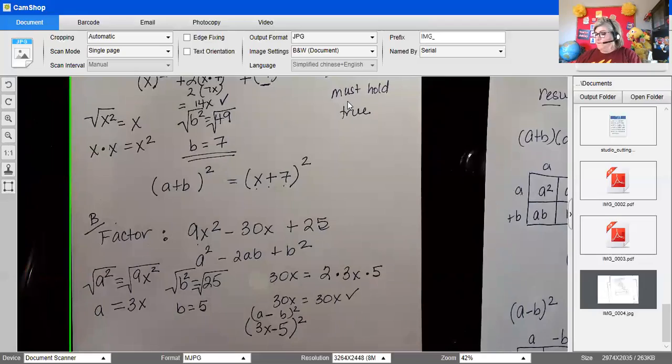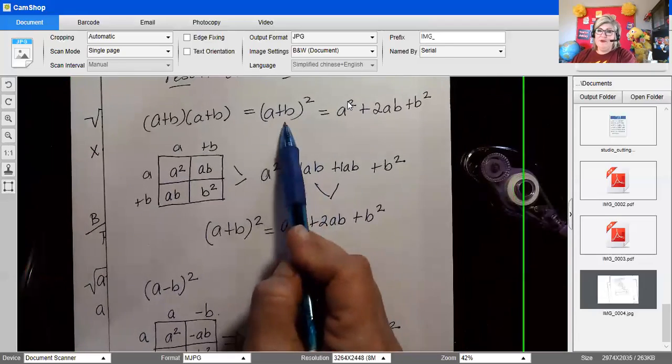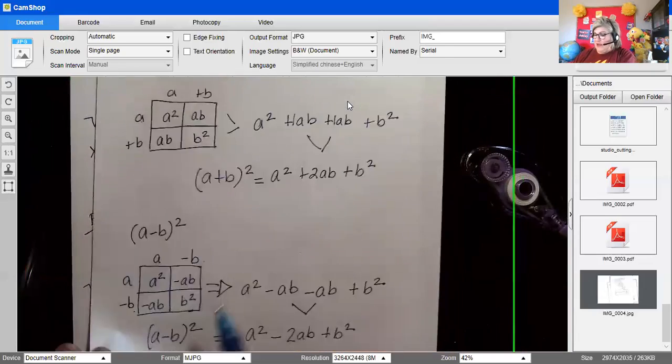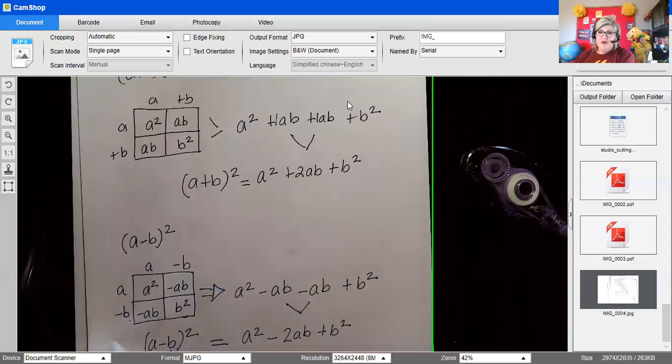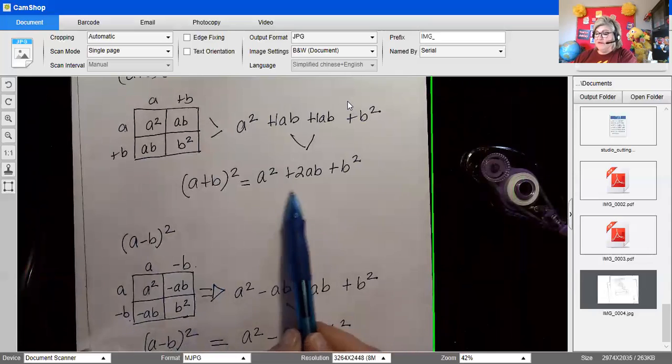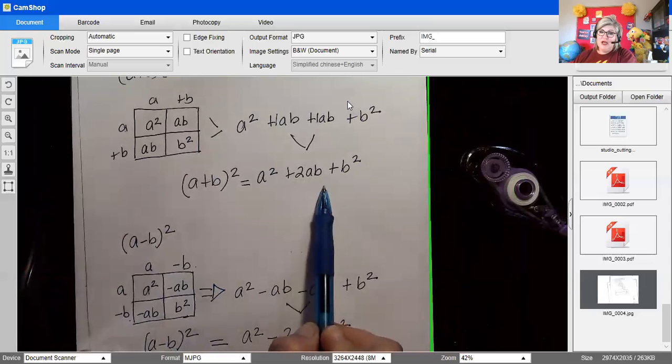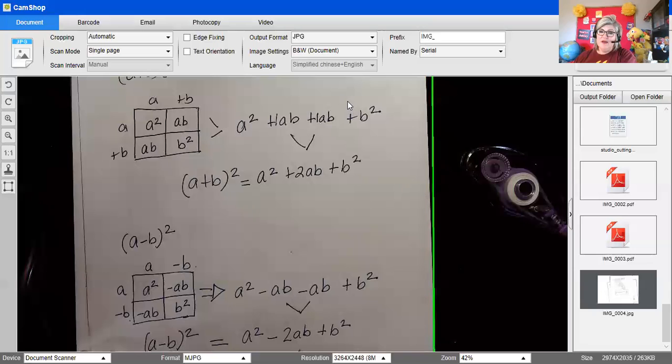So that's a plus b squared, a minus b squared. They're very similar. The only difference is one has a positive 2ab in the center, and this one has a negative 2ab in the center.